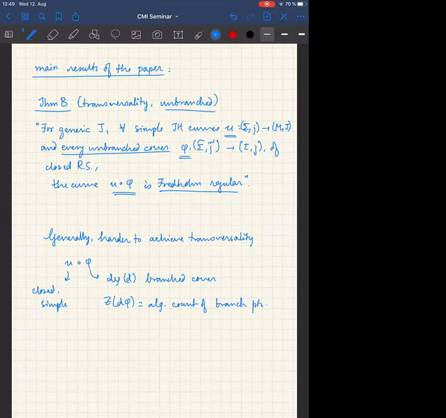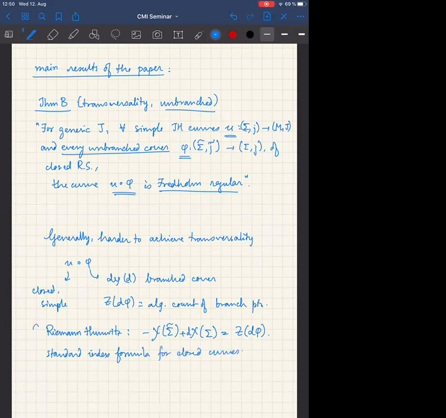So we have the Riemann-Hurwitz formula relating the Euler characteristics of the two curves, and we also have the index formula for the individual curves, for closed curves.